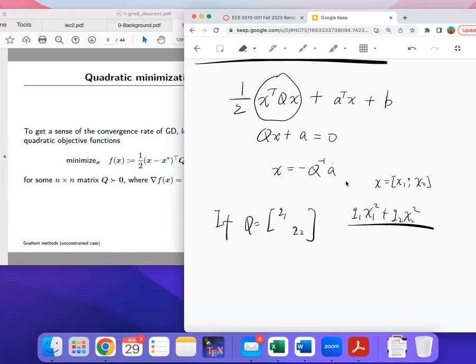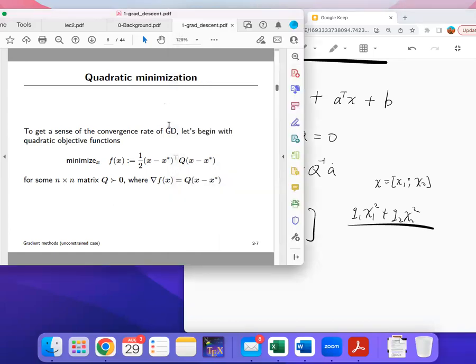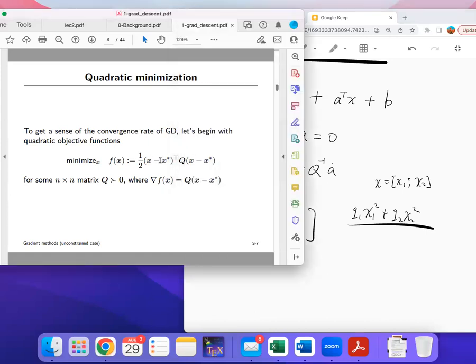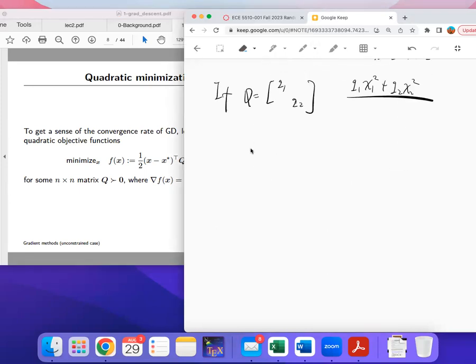Okay. So solving this problem is numerically hard. Here we consider an even simplified problem just to simplify some of the expressions. It's just (x minus x star) transpose times Q times (x minus x star). This is like, in the one-dimensional case, (x minus x star) squared.